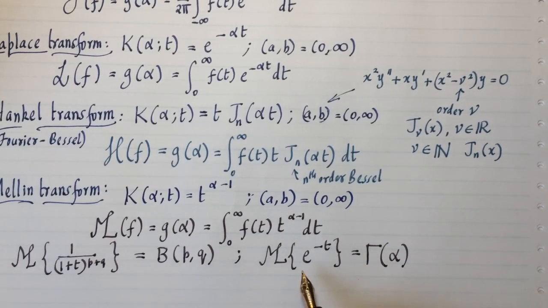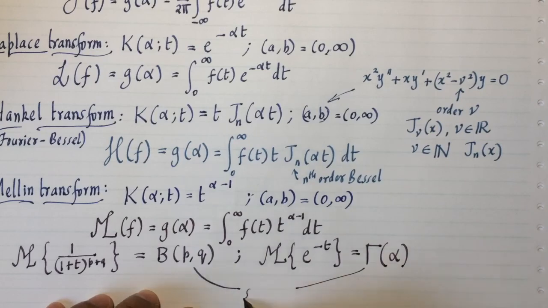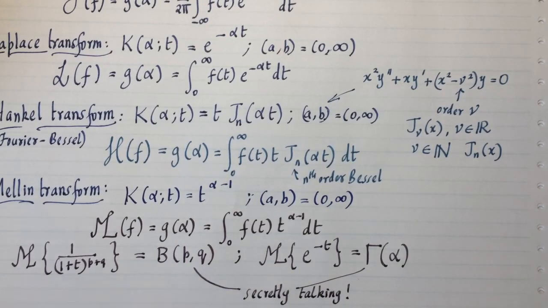Now, because both of them are Mellins of something, you can imagine that the beta function and gamma function themselves must be very closely related, and indeed they are. So this is one of your first clues that the beta function and the gamma function are secretly talking to each other. And later on we'll see the explicit nature of the conversation that these two functions end up having.